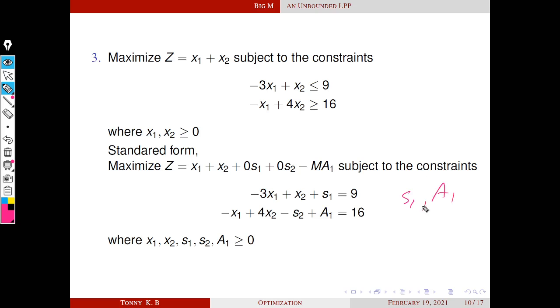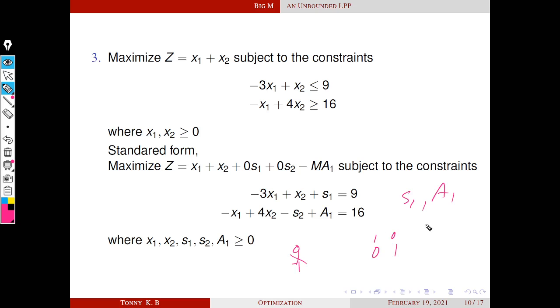Yes, S1 and A1, because we have only two equations, so we need only two basic variables. S2 is not a basic variable, which is why we introduce an extra variable, because the coefficient of S2 in the initial simplex table is 0, minus 1. This is not possible, so we introduce an extra variable a1. Initially s1 and a1 are basic variables, because the coefficient of s1 in the initial simplex table is 1, 0 and the coefficient of a1 is 0, 1.